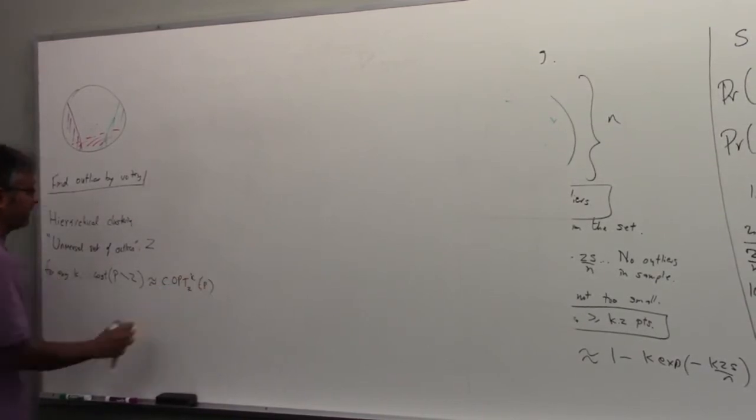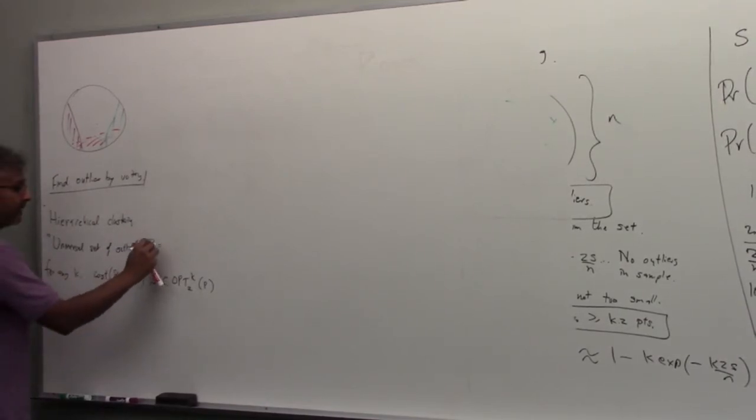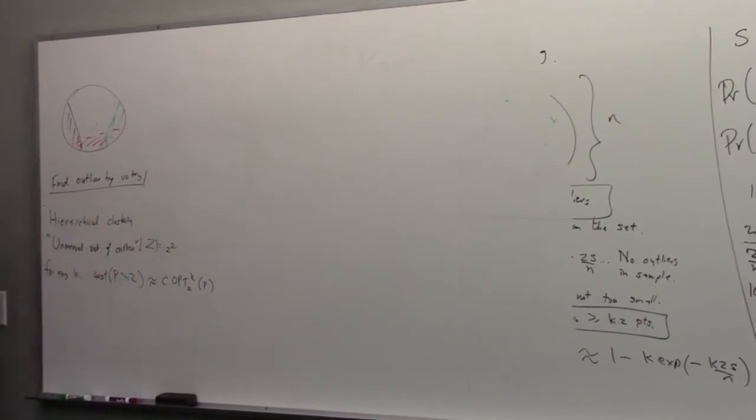And the catch here is that this Z will have size z squared.